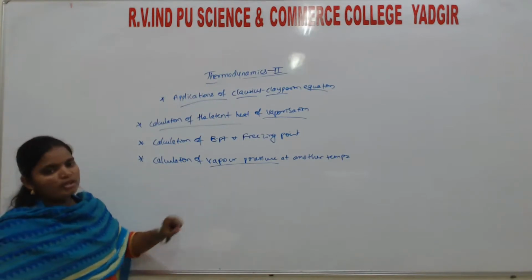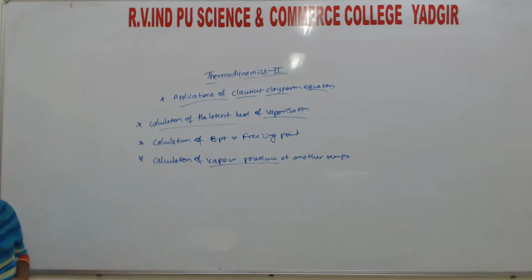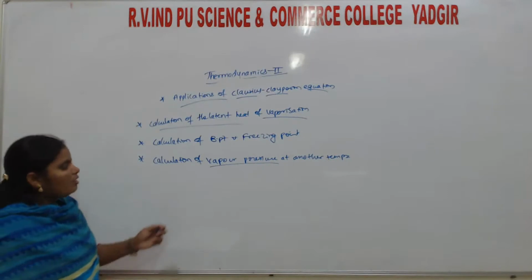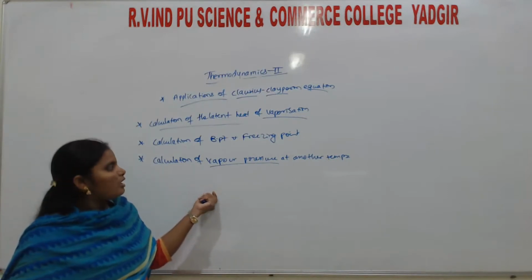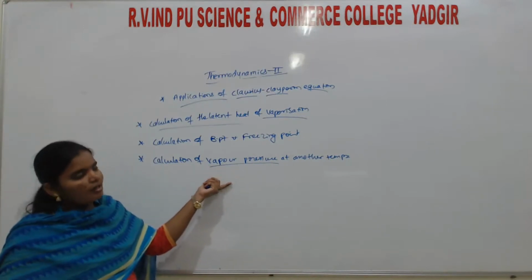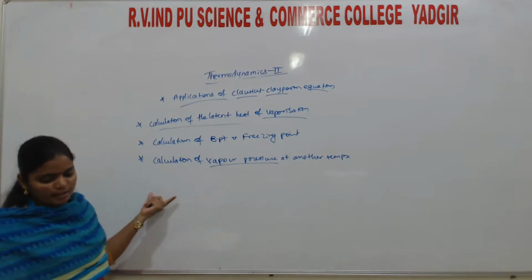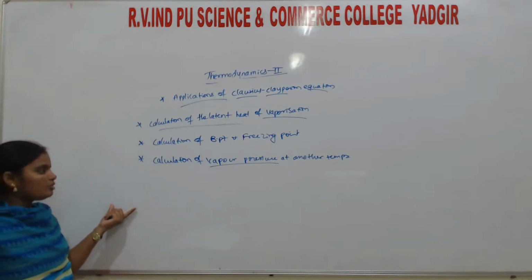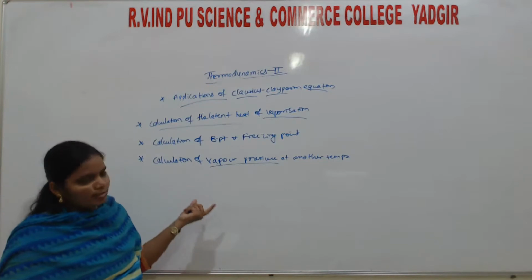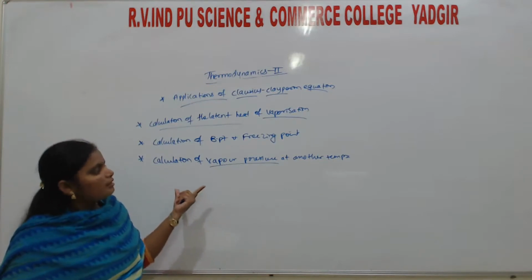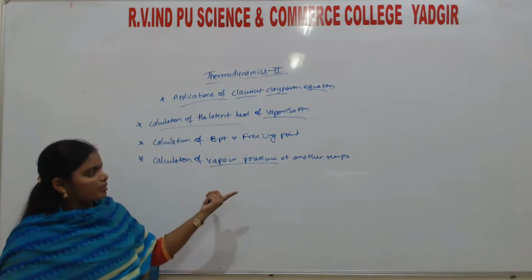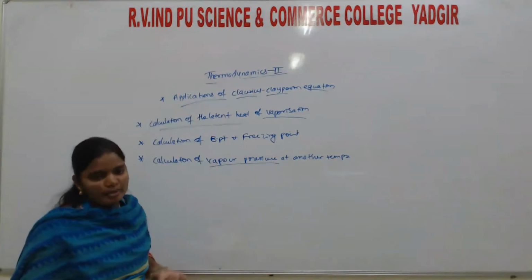If one temperature is known with its vapor pressure, and the latent heat of vaporization value is known, and one more temperature value is known, then it is easy to calculate the vapor pressure at the other temperature.